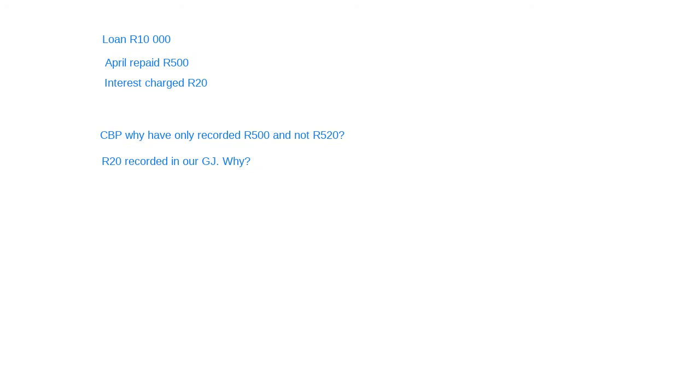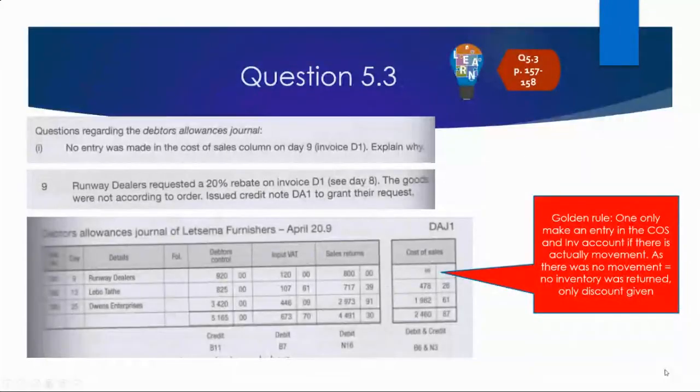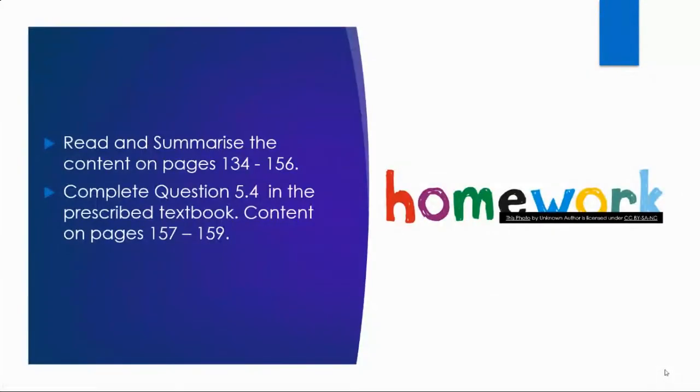Okay, so your homework for today is to go through the information in this chapter. Just read through the information regarding the journals again, if there's anything you need to recap, and then go through the example in your textbook, example 5.1, because that explains very nicely how each transaction is recorded in the journals.